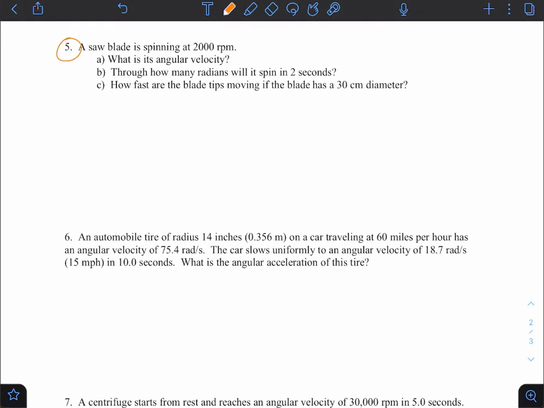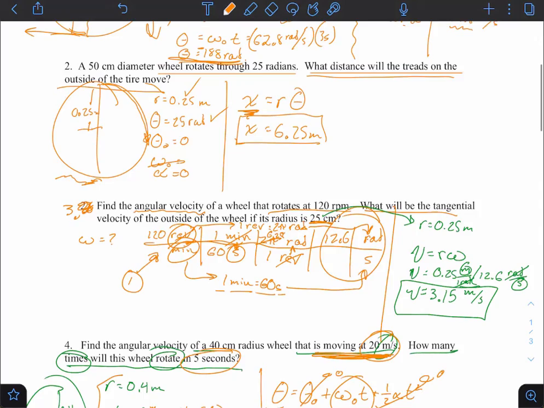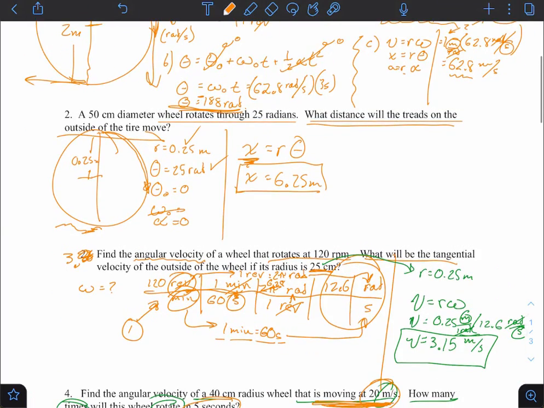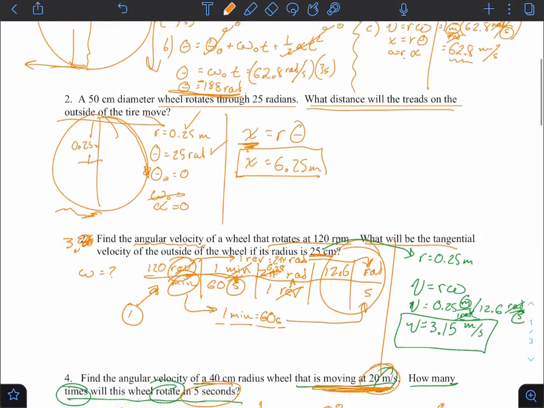All right, 5. We have a saw blade spinning at 2,000 RPM. RPM is revs per min, and that is an angular velocity, but it's a clunky unit. 2,000 rev per min. And if you want a more detailed explanation of how I'm going to convert this, you can go back to question number 3.